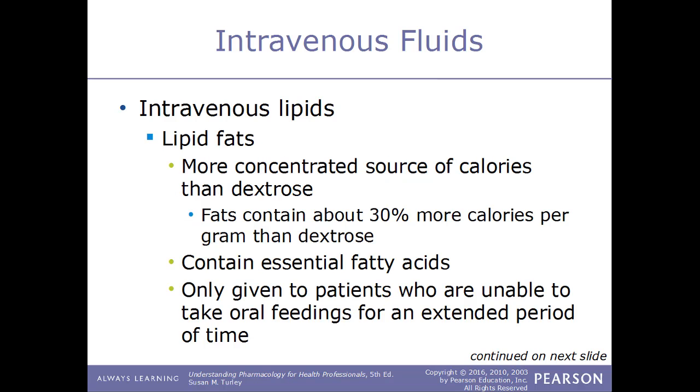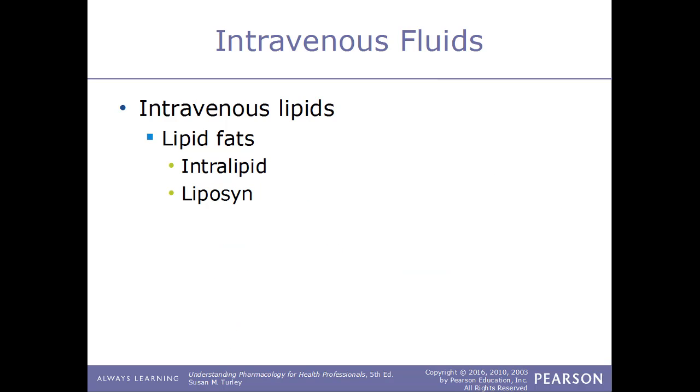And when it comes to lipid fats, these will be a more concentrated source of calories than dextrose. And fats contain about 30% more calories per gram than dextrose. These will also contain essential fatty acids. And these are only given to patients who are unable to take oral feedings for an extended amount of time. And some examples of lipid fats that could be given in this form will be Intralipid or Liposyn.